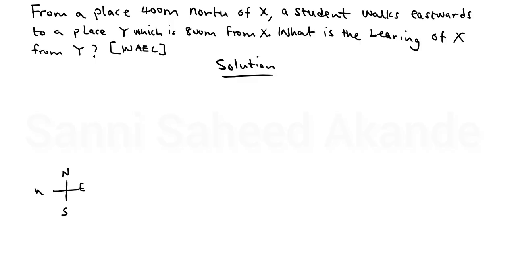So let me take the letters. Now from a place 400 meter north of x. So this is where the point x is actually. Understood? So a student walks eastwards to a place y.